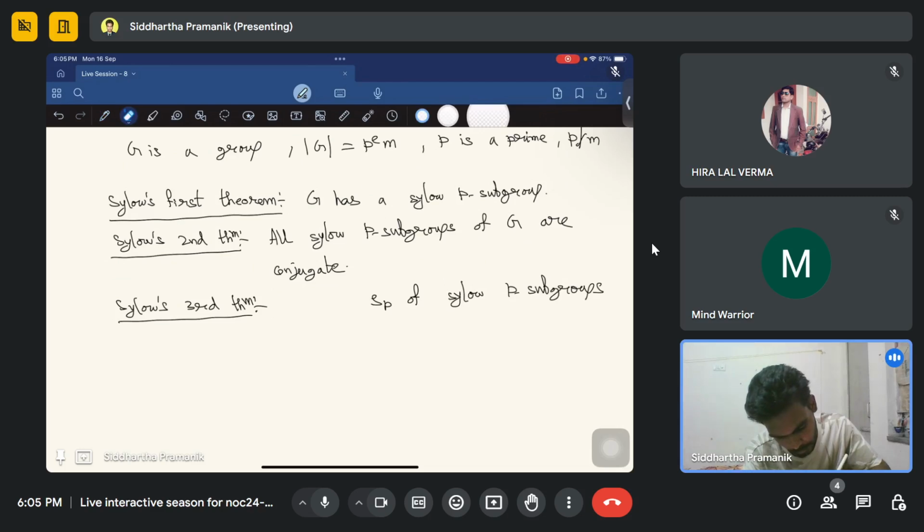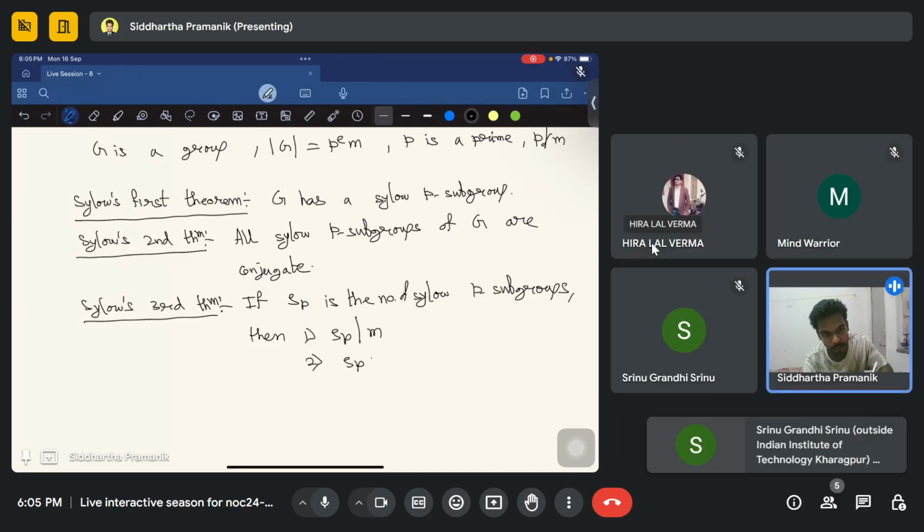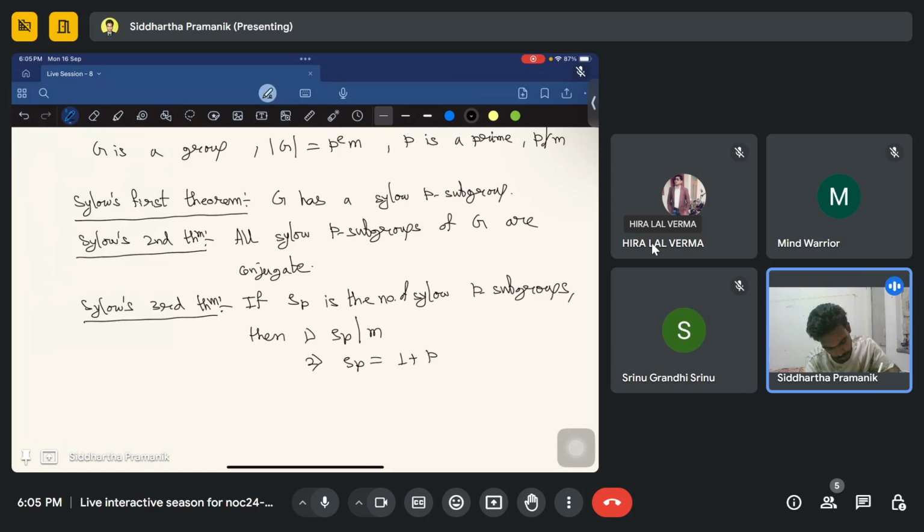Okay, so let me write: if s_p is the number of Sylow p-subgroups, then s_p must divide m, and second, s_p is equal to 1 plus p times a, where a is some natural number. So this is the brief of the three Sylow theorems.